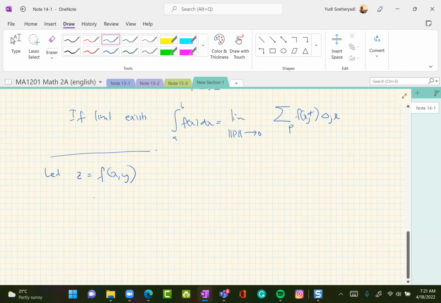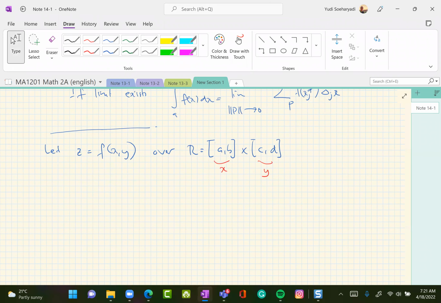So function of two variables now, over the rectangle R, AB cross CD. This is the range of x, this is the range of y. Let us assume first that f is continuous.